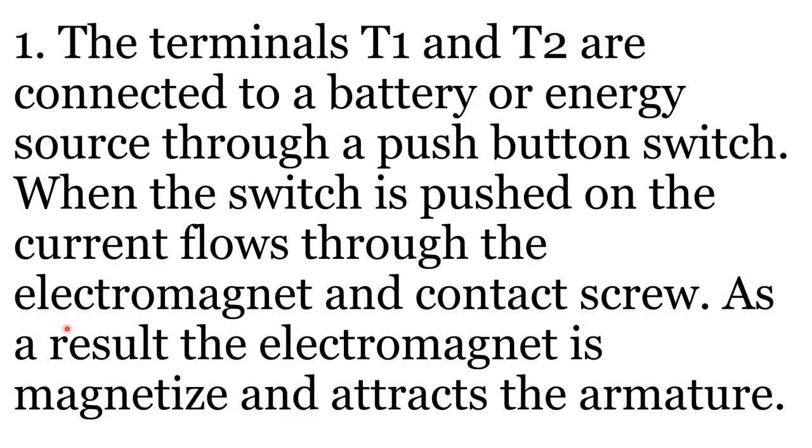Number 1. The terminals T1 and T2 are connected to a battery or energy source through a push button or switch. When the switch is pushed on, the current flows through the electromagnet and contact screw.